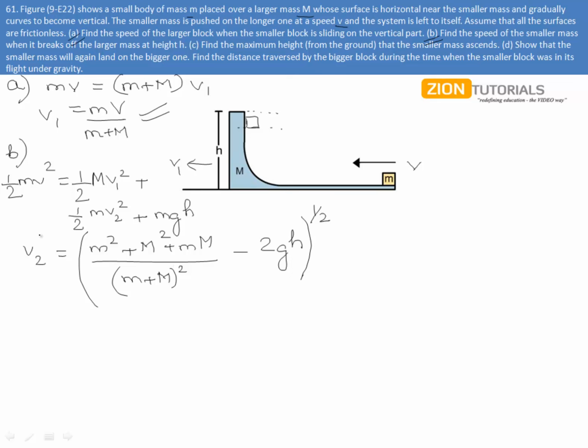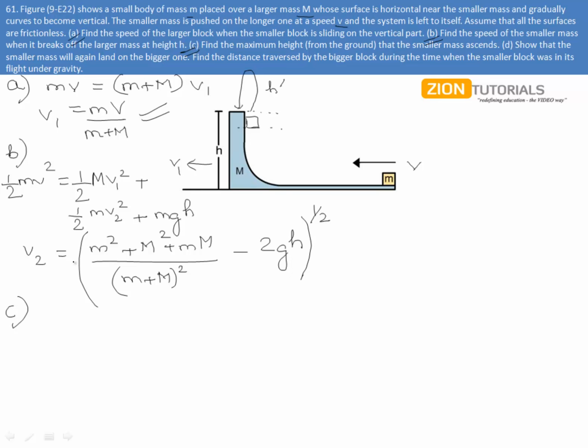Now friends, let us move on to the third part of this question, which is to find the maximum height from the ground that the smaller block ascends. Since it is going to break off the contact, it will go up to some height and will come back. Let us take this height to be h dash. So the maximum height will be h plus h dash.